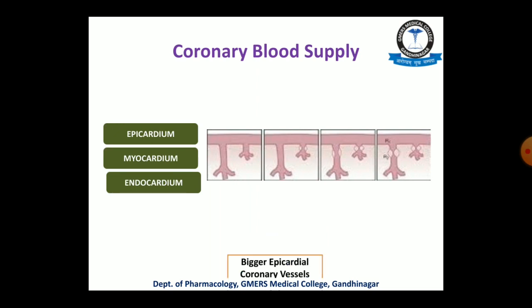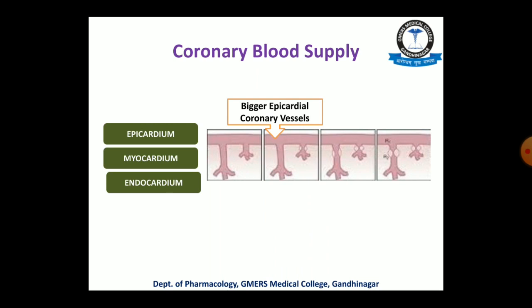In the epicardium, there are bigger epicardial coronary vessels which supply the epicardium, and from these bigger epicardial coronary vessels originate smaller intramural or intramyocardial penetrating, perforating branches, which will supply the endocardial region. So even though the bigger epicardial vessels are there, the supply of the endocardium is dependent on these smaller intramyocardial perforating branches.